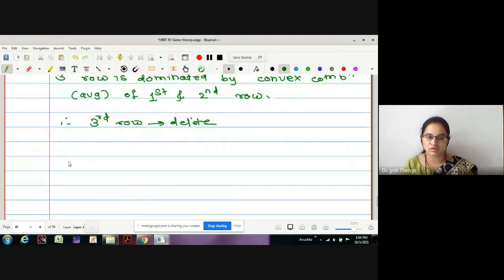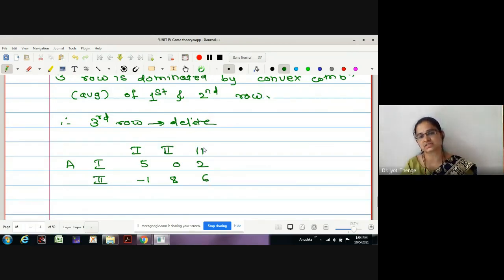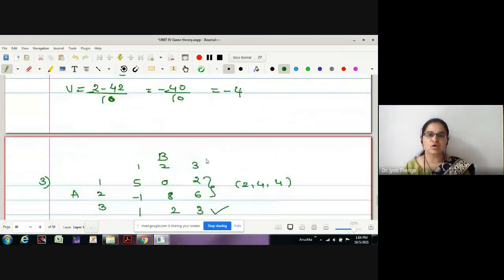What is the new payoff matrix? 5, 0, 2, minus 1, 8, 6. Understood? This was actually a case. This is the way also we can dominate the other rows and columns.